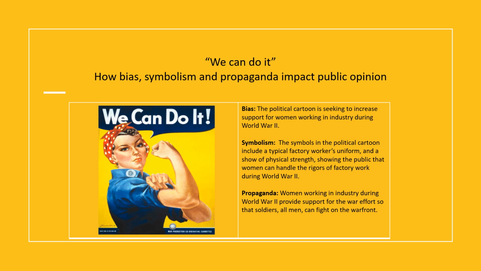So that's going to affect our opinion, because particularly in the 1940s, there were far fewer women working in the paid workforce. So the idea that women would go into the paid workforce might get a lot of public opposition. And so for the government to suggest that we can do it, and this is all good and all positive, means that we should change our minds as well. And thus that's the impact on public opinion.